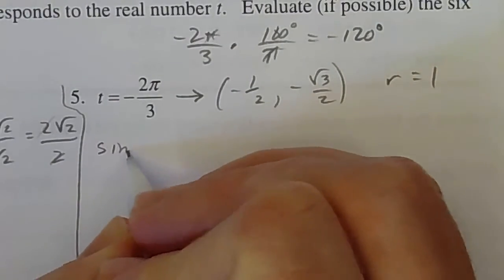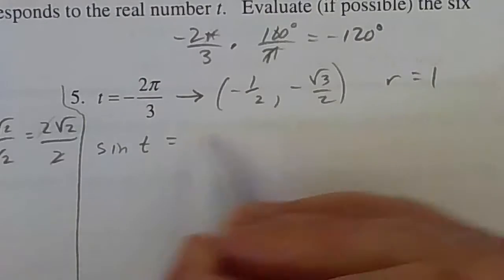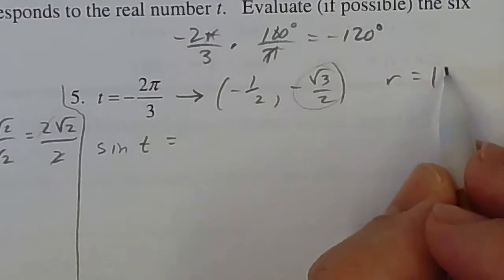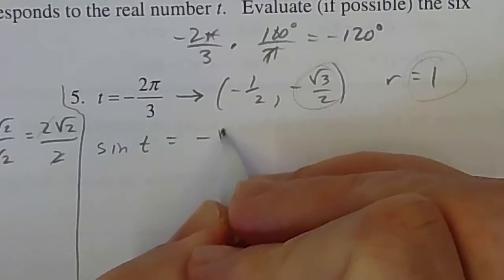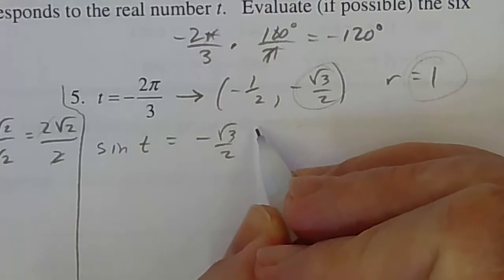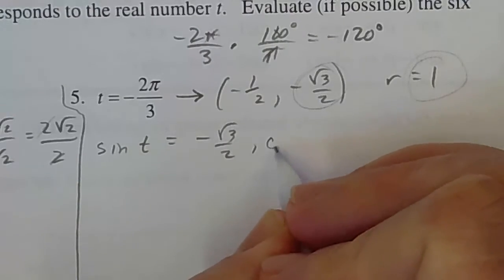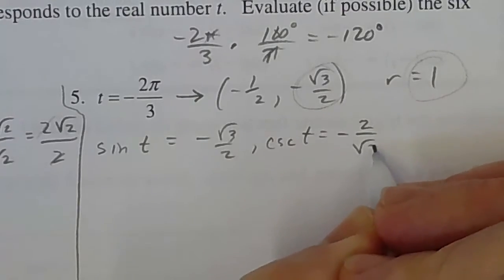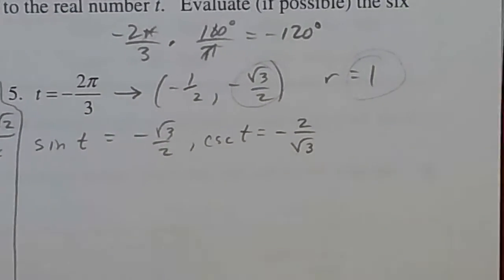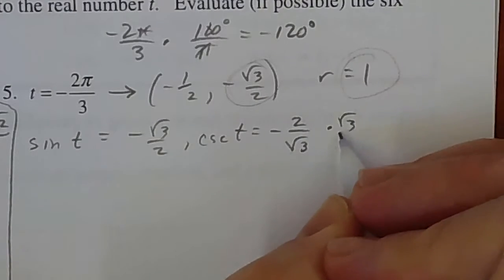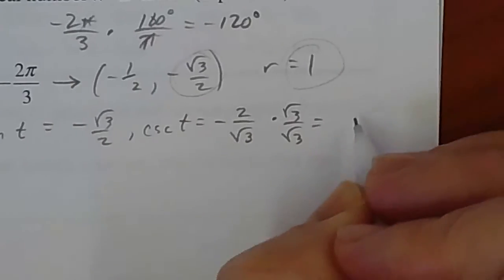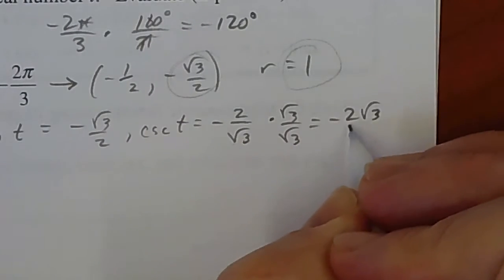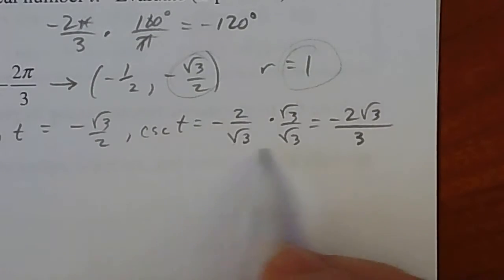So sine of angle t will be equal to y over r. Cosecant angle t will be the reciprocal of that, multiplied by square root of 3 over 3, and we get this. Okay, 2/3 is reduced, so that's it.